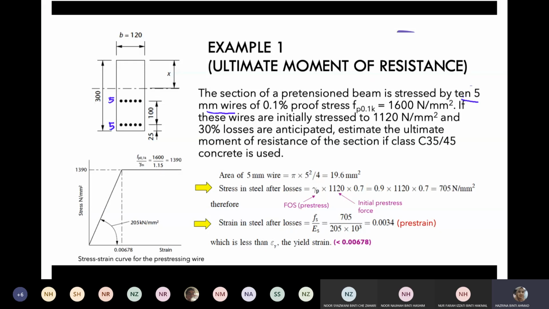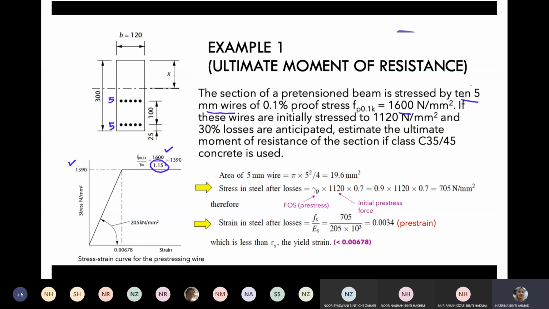The proof stress, which is actually the strength of our pre-stressing steel given here, is 1600 Newton per millimeter square. You can see here the stress strain curve. In the calculation, we are going to require the stress strain curve, since we have to determine the value of our proof stress, then calculate the value of the yield stress with consideration of the partial factor of safety, which is 1.15, as we mentioned just now.